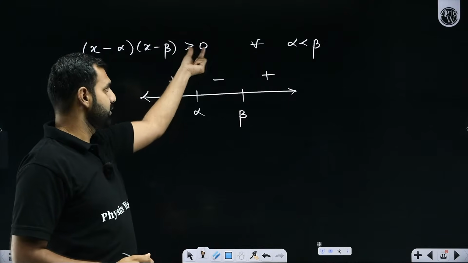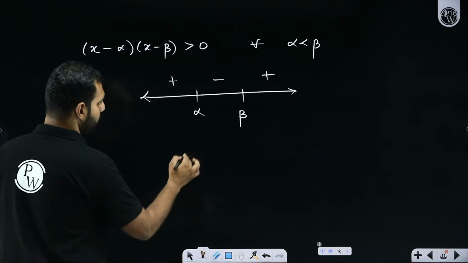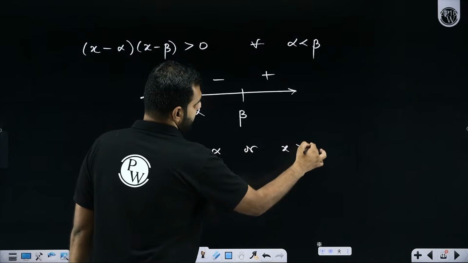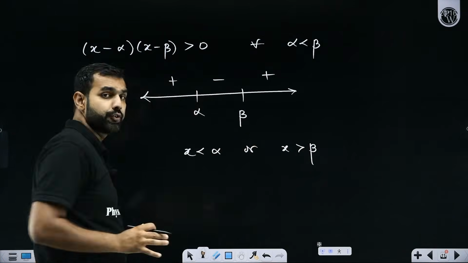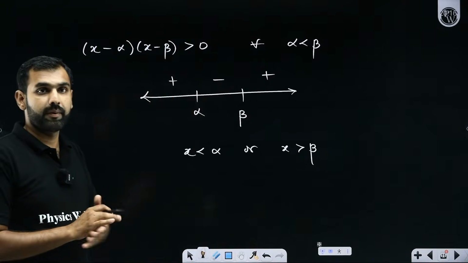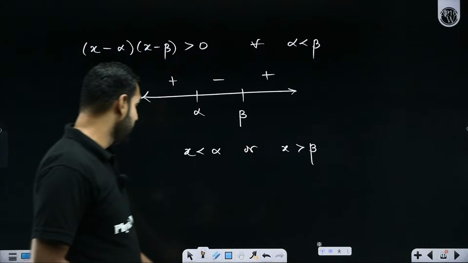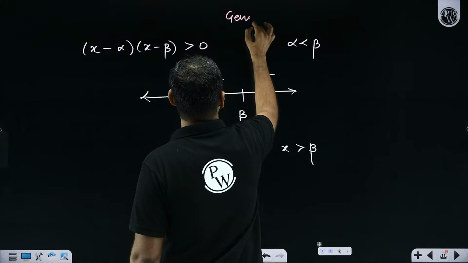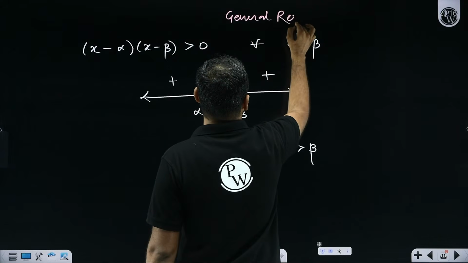We want this expression to be positive, so this expression is found to be positive when x is less than alpha or x is greater than beta, where, mind you students, alpha is the smaller root, beta is the greater root. Do you all remember that result? Yes or no, everyone? Same idea. Again, that's a very crucial general result, which I'll ask you all to remember if you can.